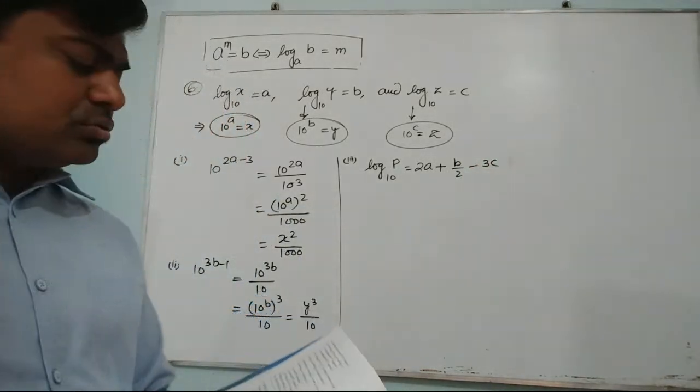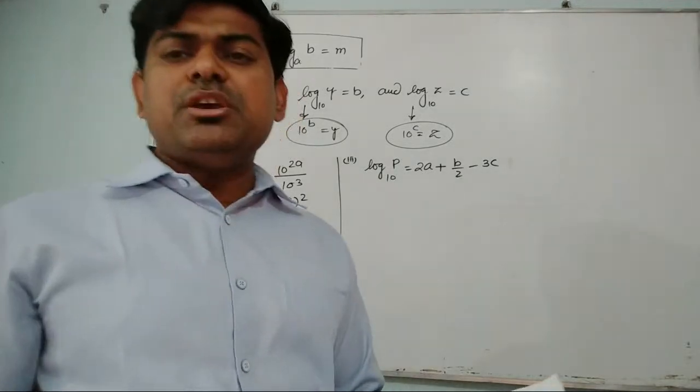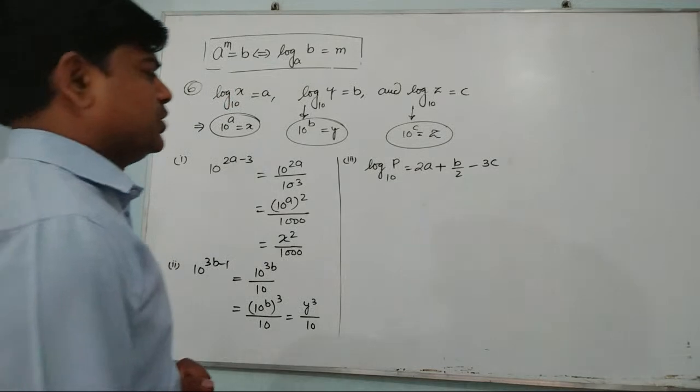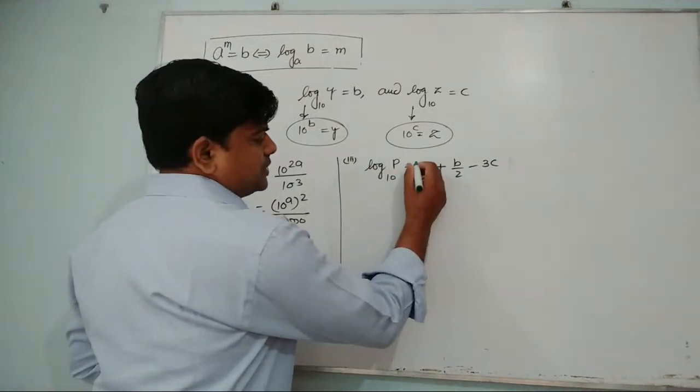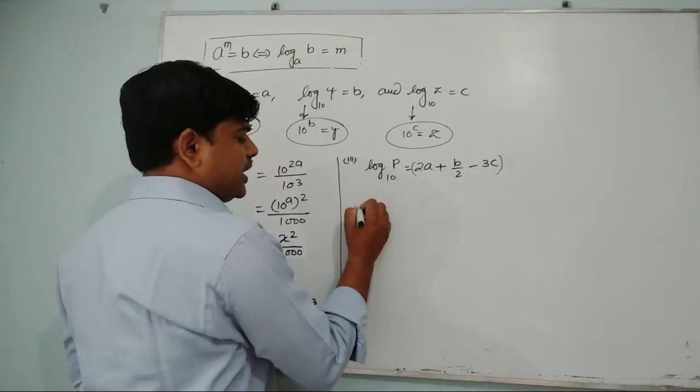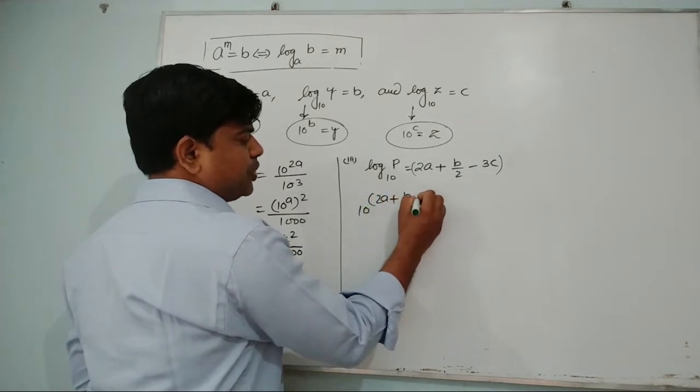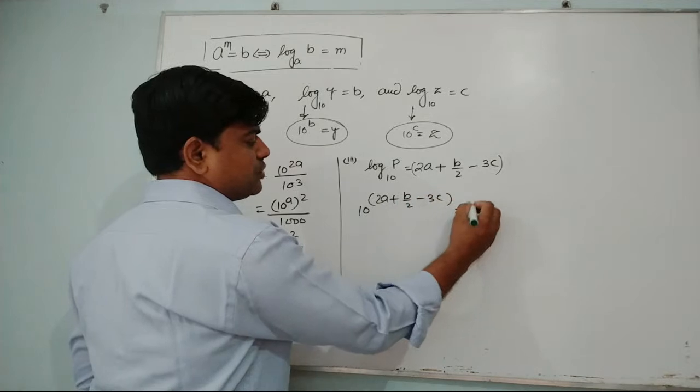And we have to express p in terms of x, y and z. Let me tell you what I should do. Only one thing, I can write 10 to the power 2a plus b upon 2 minus 3c is equal to p.